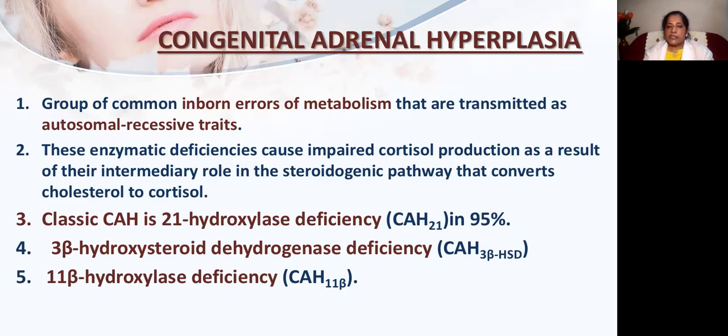There are three variants. Classic congenital adrenal hyperplasia is 21 hydroxylase deficiency, present in 95%. The second is 3 beta hydroxysteroid dehydrogenase deficiency, and the third one is 11 beta hydroxylase deficiency.